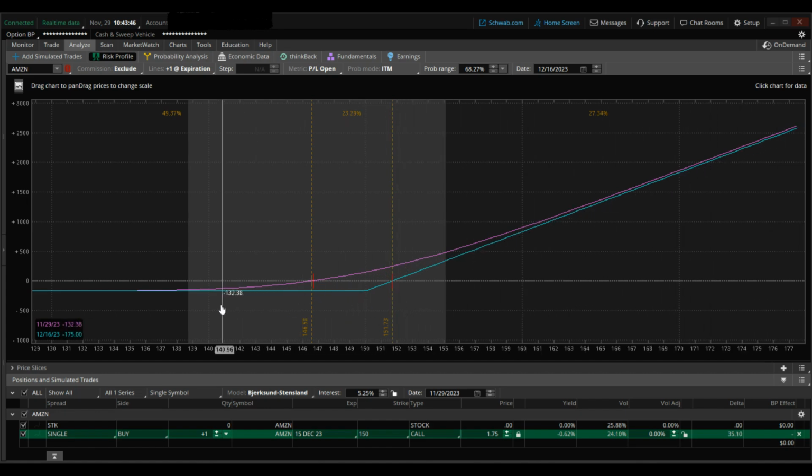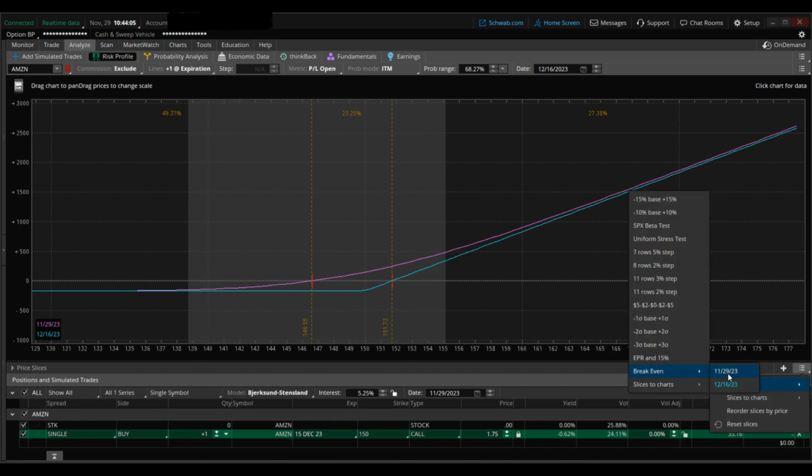Your loss is the amount of money you paid. So when you're an option buyer, your maximum profit is infinite, and your maximum loss is the amount of money you paid. It's $175. Sounds good?